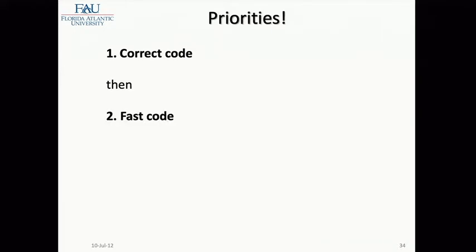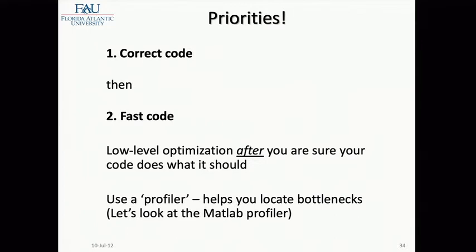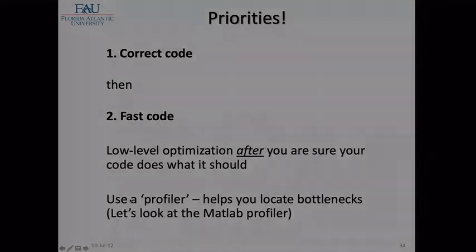So always write correct code and then you write fast code. Okay? But simple things like loop ordering you can already ingrain in your brain because it's always a good practice. And MATLAB actually has a profiler built in, which I forgot to show you the last time. I can show it to you now. I'm sure Python has something similar.